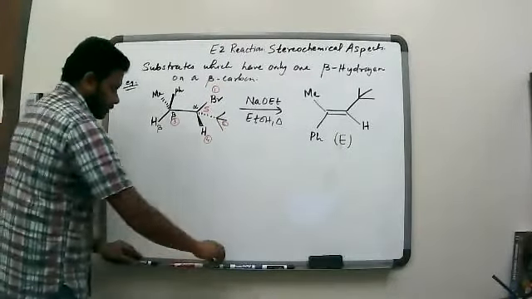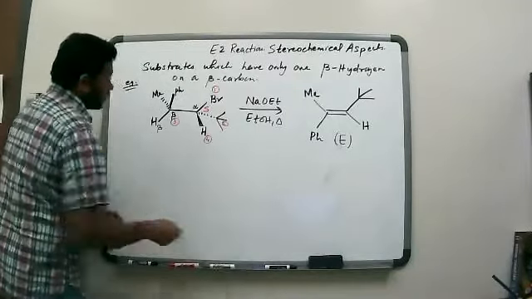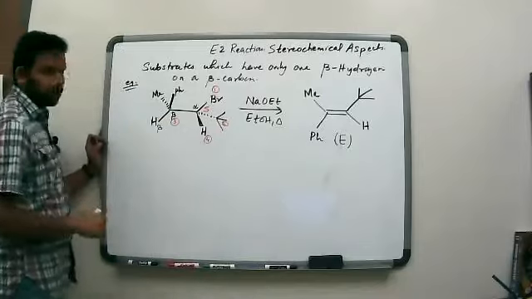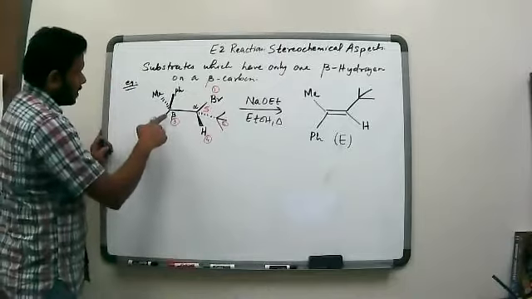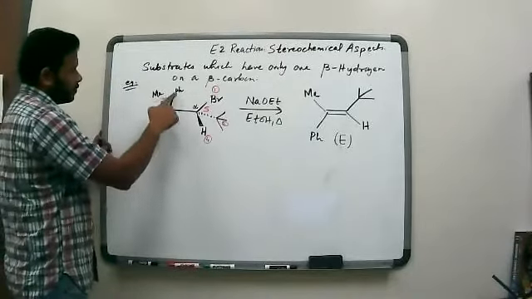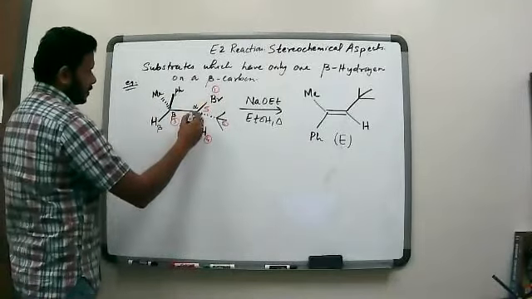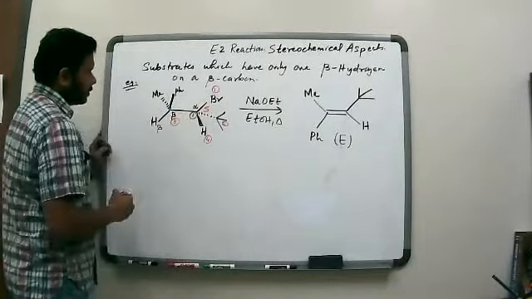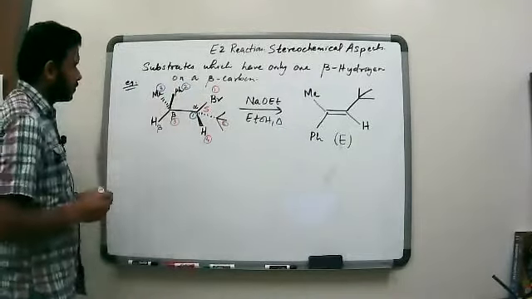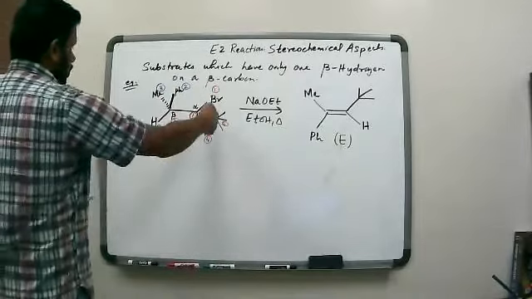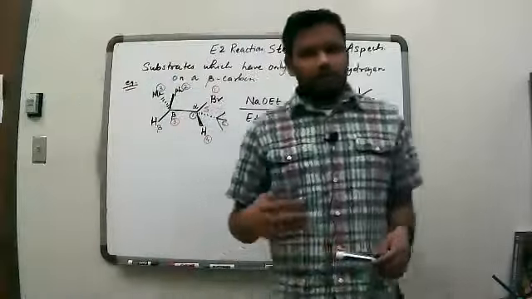Now for the other chiral center, which is the beta carbon, the beta carbon is connected to 3 carbon atoms. And then that carbon has a bromine attached to it. So that's going to get 1. And then this is 2. And this is 3. And in going from 1 to 2 to 3, I'm looking at the molecule.